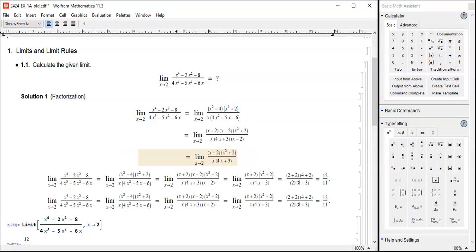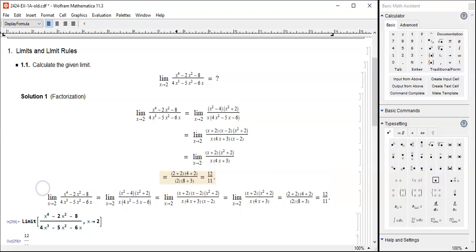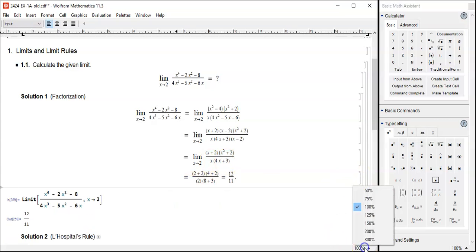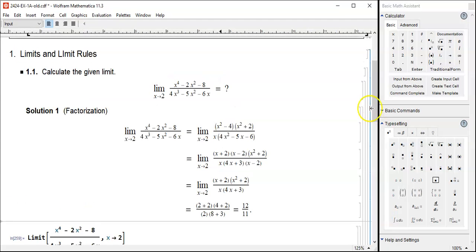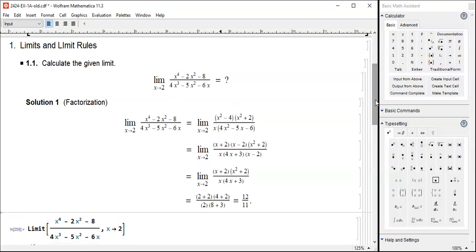Didn't have to go that much. Okay, and then finally this. Okay, now it's safe to increase the font. All right, here we go.